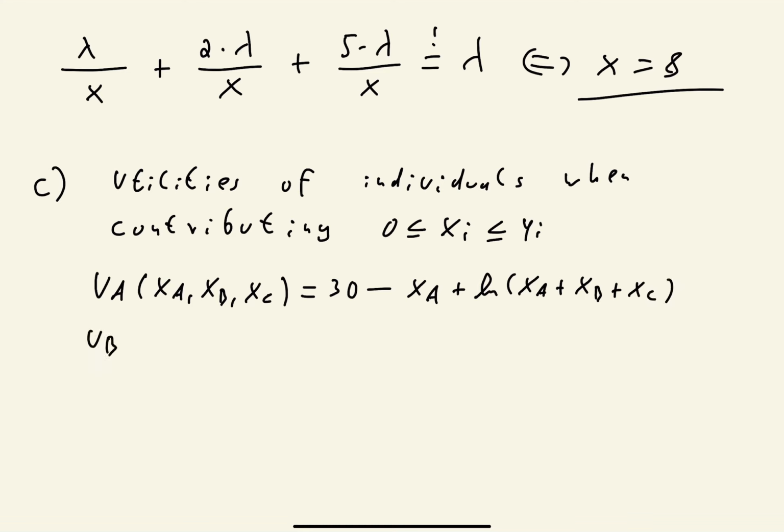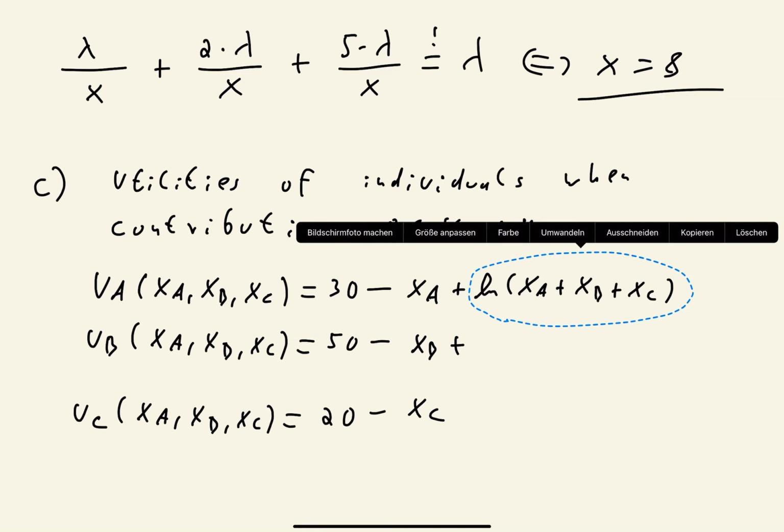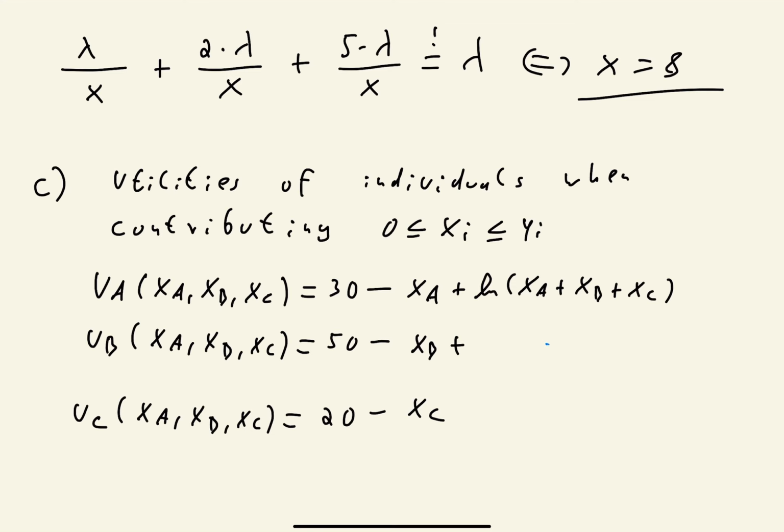The utility of individual B, and then we can also do the same thing for individual C down here. So this is given by 50, this is 20 here, minus xb minus xc plus, and then the only thing which changes here is the coefficient in front of the log. So we can simply copy this.